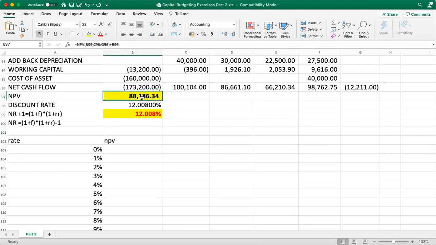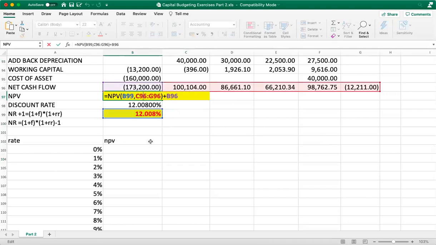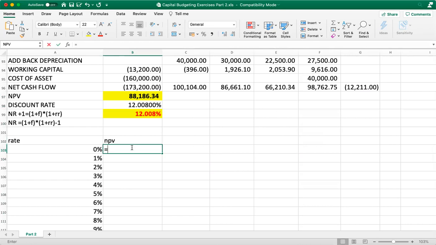So double click there. It will show you the formula that gave you that NPV. And that formula is NPV equals NPV brackets B99, comma, then from C96 to G96, you close the brackets and add the initial investment, which is B96. So that is the formula you will type against 0%. So equals NPV brackets, pick it correctly, it will show.